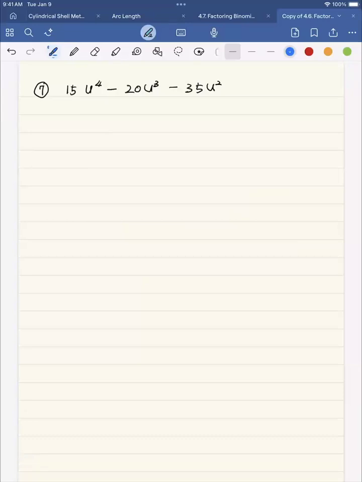The next problem is 15u to the fourth power minus 20u cubed minus 35u squared. In each term, we can see u. So u is the common factor, and obviously 2 is the lowest degree.